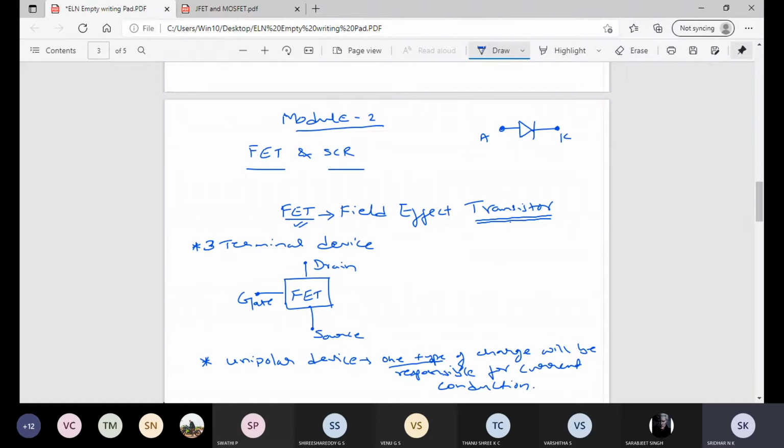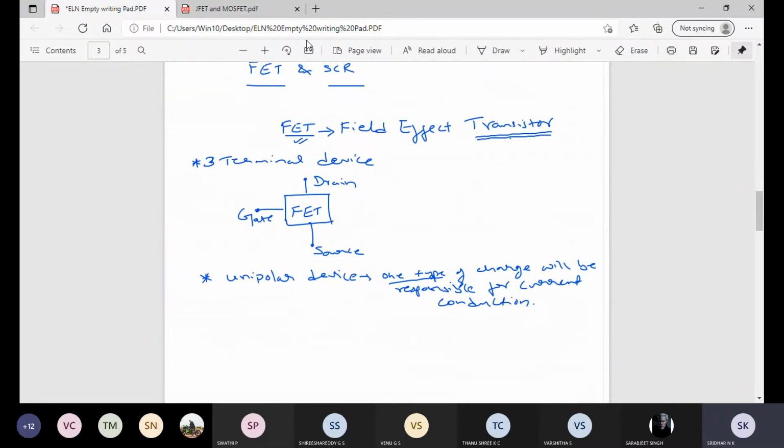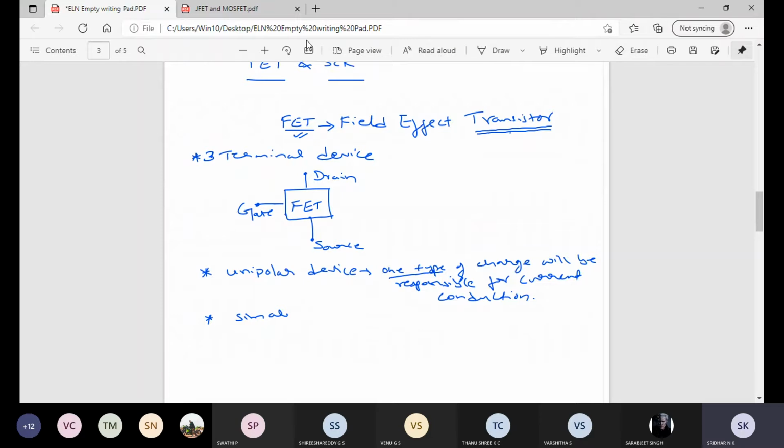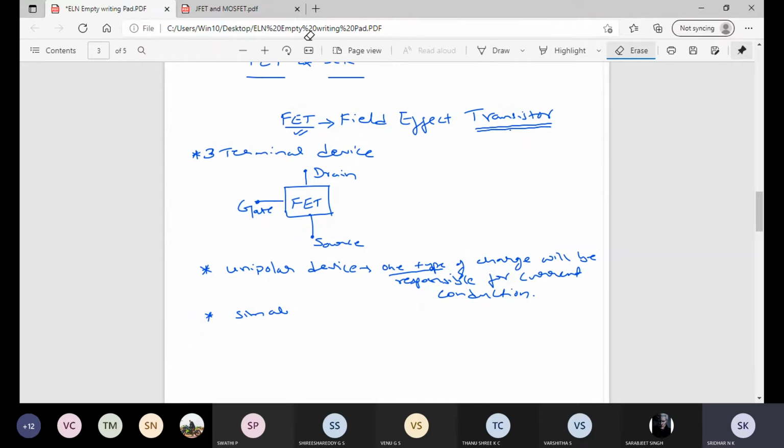Next, if you compare the size of this device with transistors, the size of this device will be small compared to transistors.